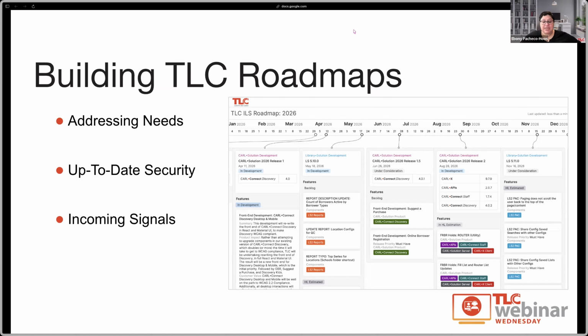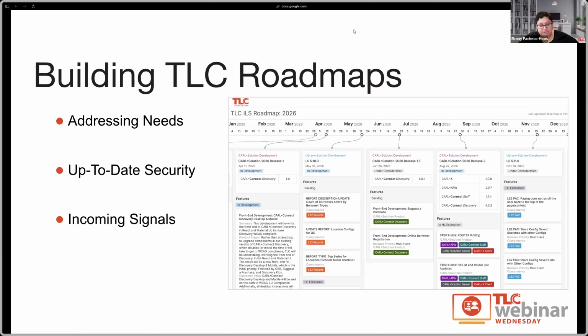Another incoming signal is overall library industry trends. We are, again, looking at research and discovery. We get information on what our libraries are doing, what national libraries are doing, what kind of pain points they're running into within their workflows, within their community, within their service goals, and what they're trying to do to meet their patrons, their students, where they are in the library.